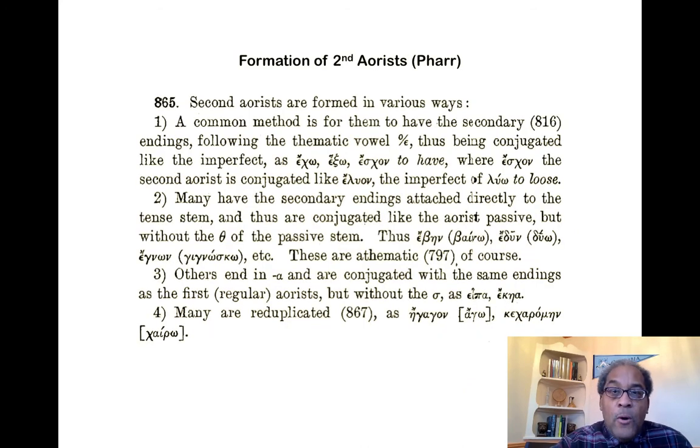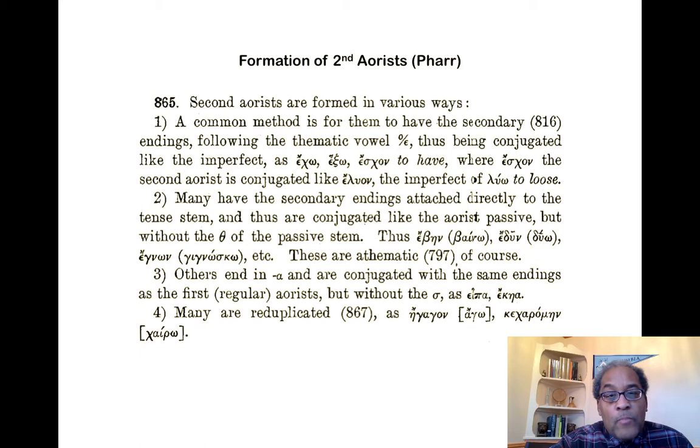Now, they're not only the first aorist, but they're also second aorists. And second aorists, as Pharr says, are formed in various ways. First off, a common method is for them to have the secondary endings followed by the thematic vowel omicron epsilon, thus being conjugated just like the imperfect, but on a shortened stem.